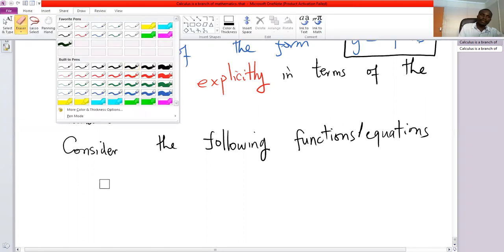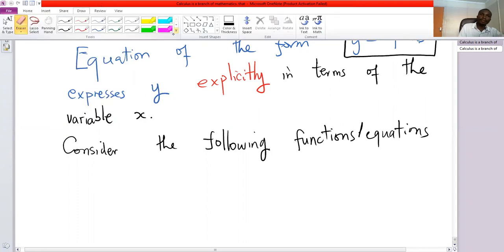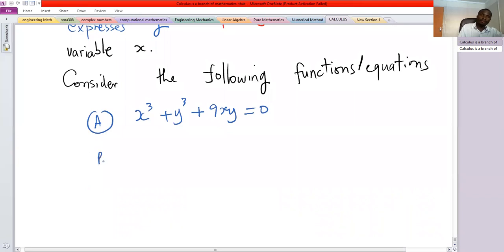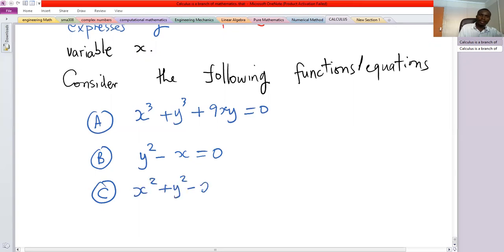So, first one, A: x cubed plus y cubed plus 9xy equals 0. B: y squared minus x equals 0. C: x squared plus y squared minus 25 equals 0.